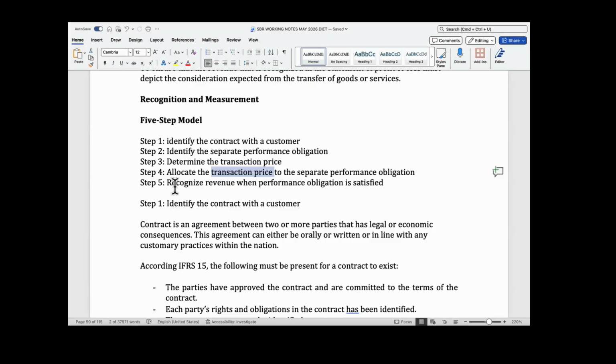But if it's a service that you render over time, that the customer will pay for like a year and you are rendering the service in bits, it's not something you render immediately. In such a scenario, you will need to also recognize revenue in bits, so over time, right?